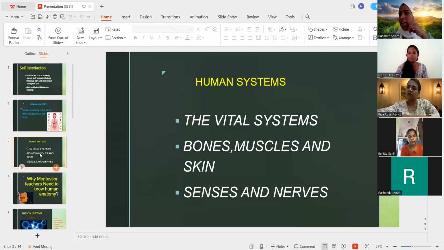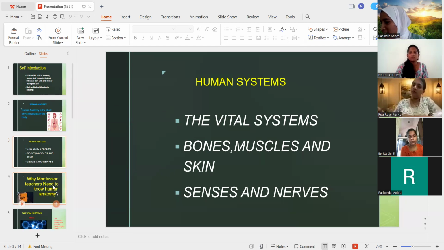I have divided it this way as a teacher's level of knowledge. When we know what is vital, the other accessory organs are bones, muscles, and skin, and senses and nerves. That is one of the most important systems related to our Montessori teaching. So I have decided on these three ways.